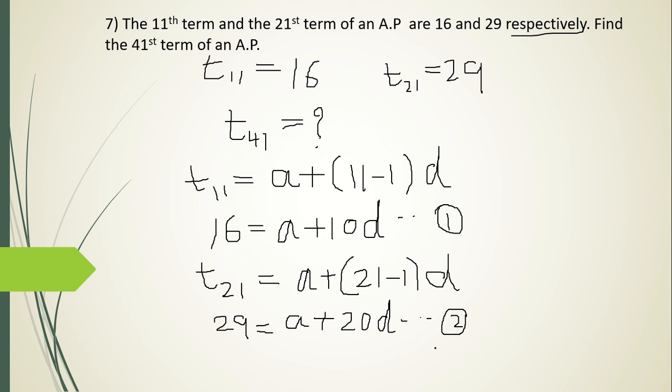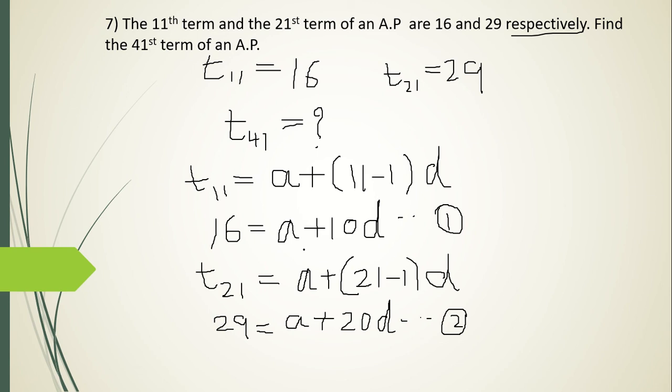Now you know how to solve the simultaneous linear equations and how to find the answers, right? How to eliminate any one of the variables. Now A and D are the two variables. Eliminating A is very easy. Just subtract equation number 1 from 2 and that A minus A will get eliminated and you will get a value for D. That is your difference D. And then the value of D you put in any of the equations and you will get the value of A. Don't forget how we have learned to solve simultaneous linear equations.